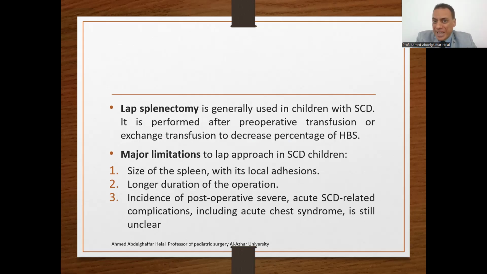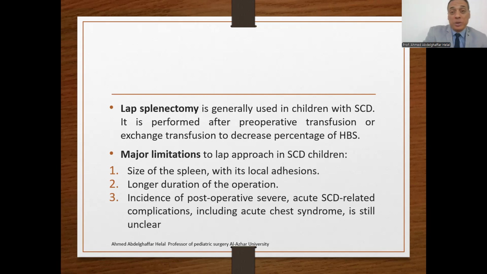The major limitation for the laparoscopic approach in sickle cell patients is, number one, the size of the spleen. Huge splenomegaly, with local adhesions because of multiple infarctions of the spleen, auto-infarction, adhesions. So with laparoscopy, splenectomy may be difficult.